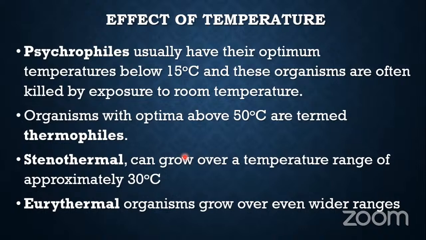High temperature usually can destroy a non-thermophile because it will cause damage to their cytoplasmic membrane. When an organism has an optimum growth temperature of 45 degrees, such as mesophiles, when exposed to a higher temperature of about 80 degrees, it may die.